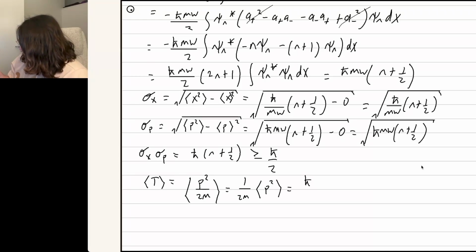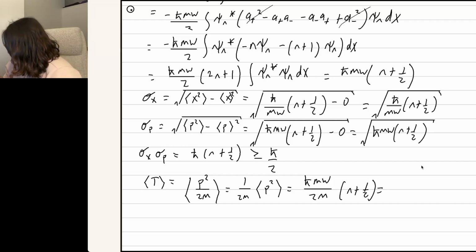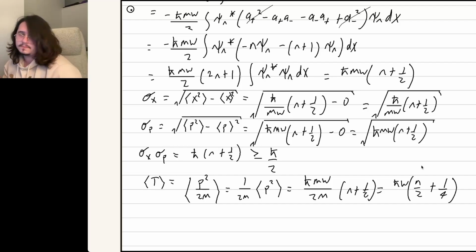So ħmω over 2m times (n plus 1/2). And then the m's will cancel out, and you can factor an additional 1/2 through the thing, I guess. ħω times (n over 2 plus 1/4). All right.